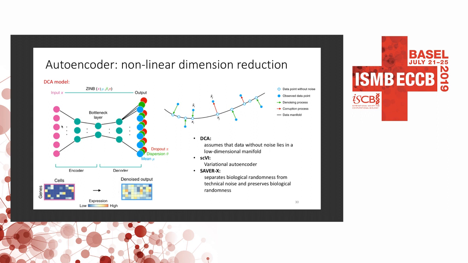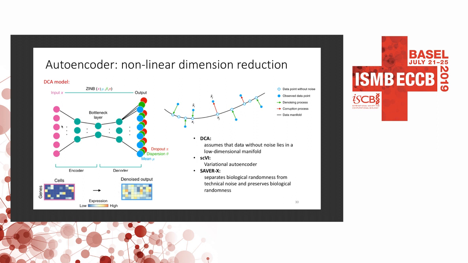You also have a model for the biological noise? So when you have a Poisson distribution for the technical noise, what is your biological noise distribution, and how can you separate it? It's still not 100% clear. So this is the gap we see from the observed data to the manifold.